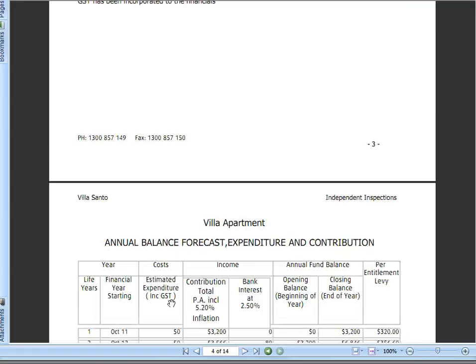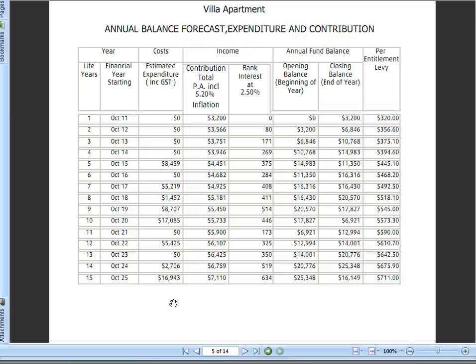Alright, so from here, this is the forecast over the next 15 years. So we can see there was no money in the bank in the first year. Now there was 10 lots.